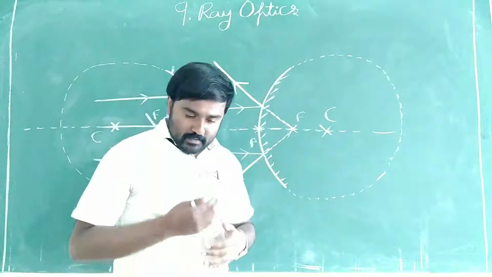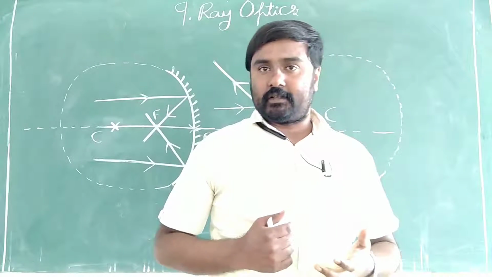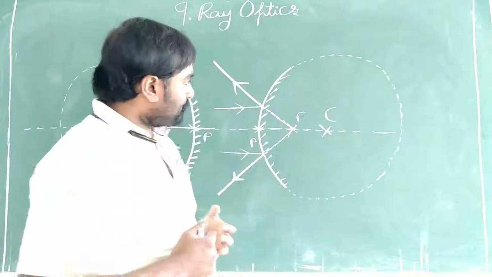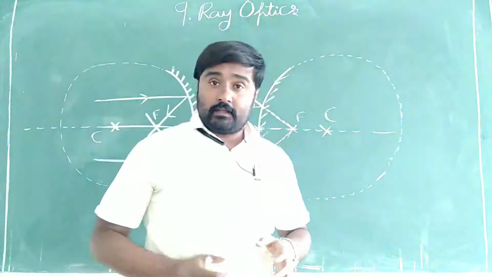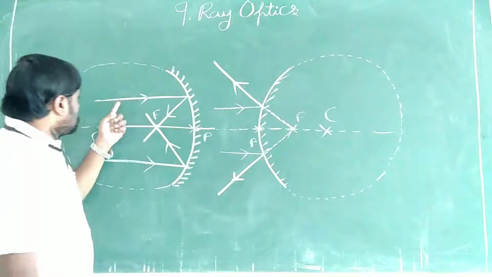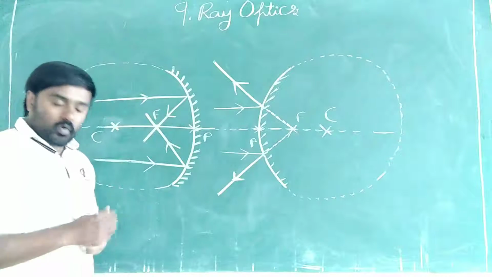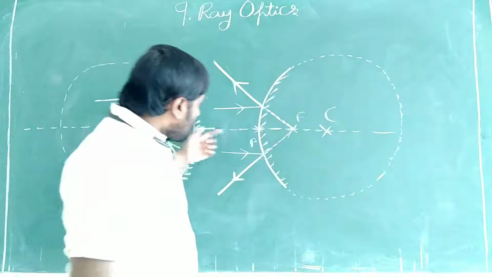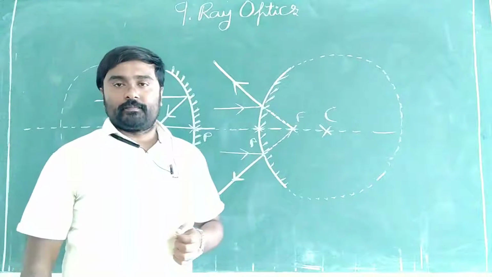So that is the second new Cartesian sign convention. The first one is all ray diagrams are drawn with the incident light traveling from left to right, and all the distances are measured along the principal axis from the pole.